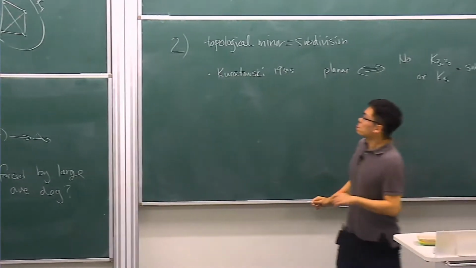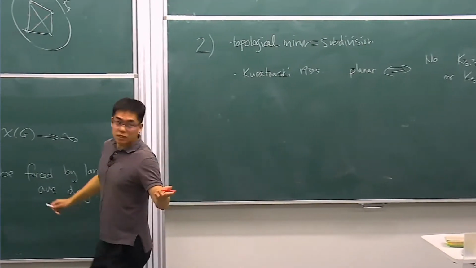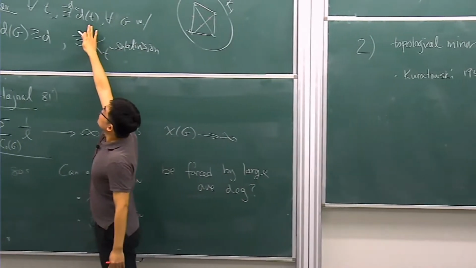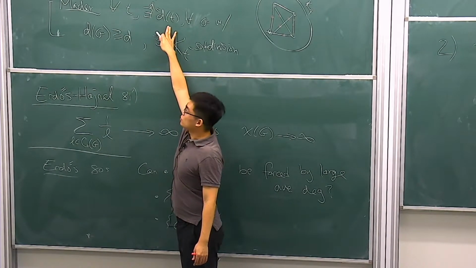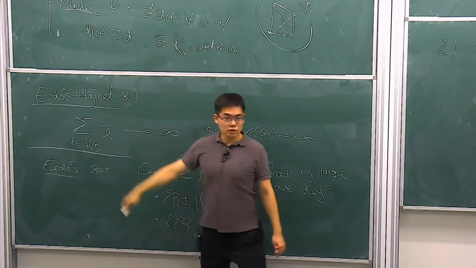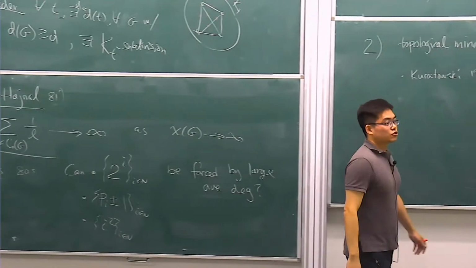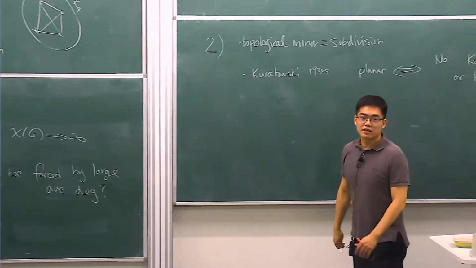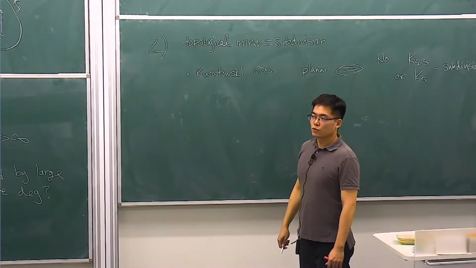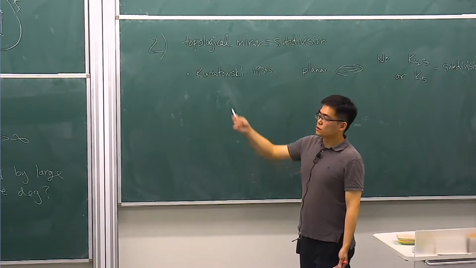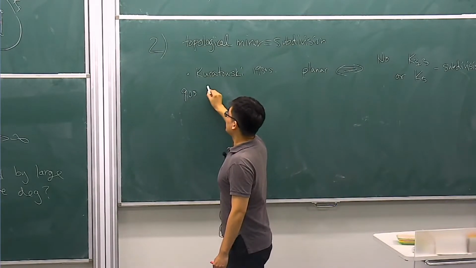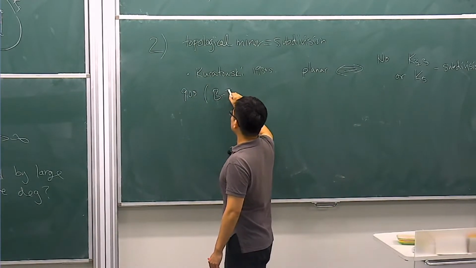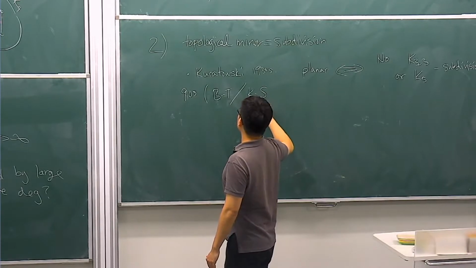So let's talk about the quantitative question. What is d(t) here to force a K_t subdivision? The original proof was exponential in t, and there was a conjecture in the 60s that quadratic in t suffices. After 30 years, it was confirmed in the 90s by two groups, Bollobás and Thomassen, and independently Komlós and Szemerédi.